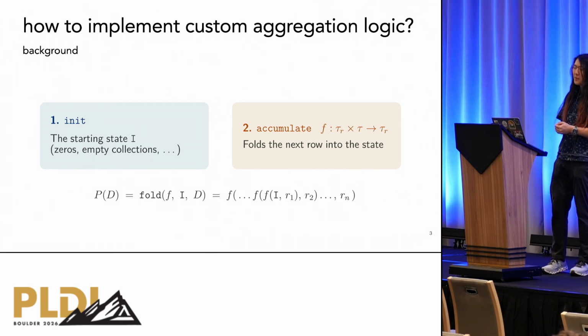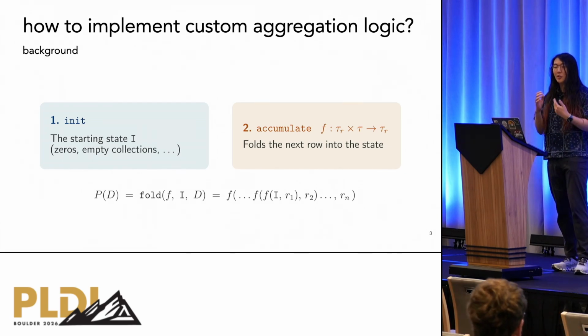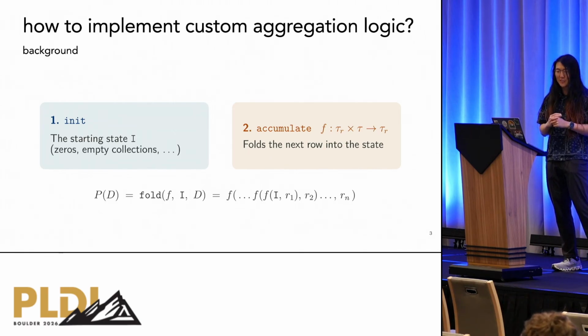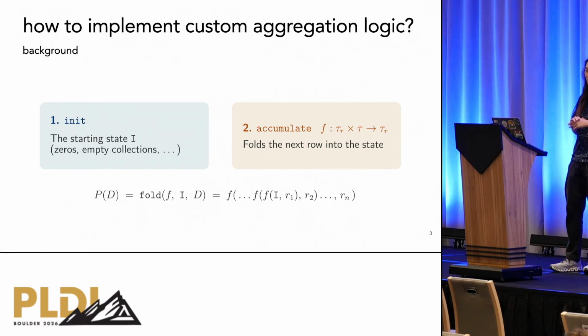So how do we implement such custom aggregation logic? Essentially, UDAFs are just a fold. That means it consists of two parts. The first part is the initial state, which is the state you have at the beginning of the computation.